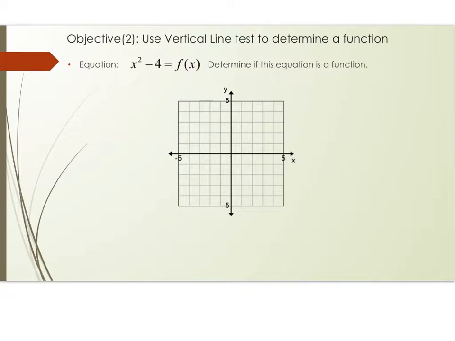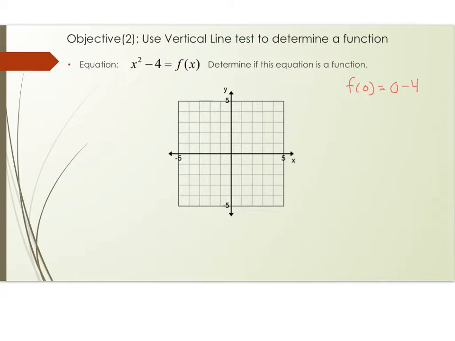So now I will show you what I would do in this particular case. I would graph the function. The way I graph functions is I let x be 0 and evaluate f of 0, so I have 0 minus 4.